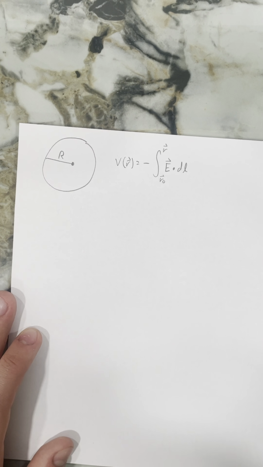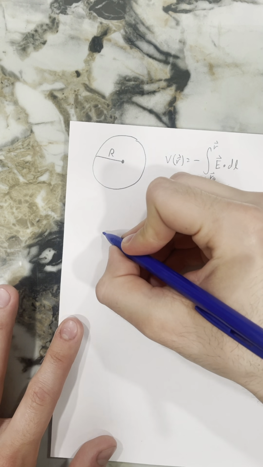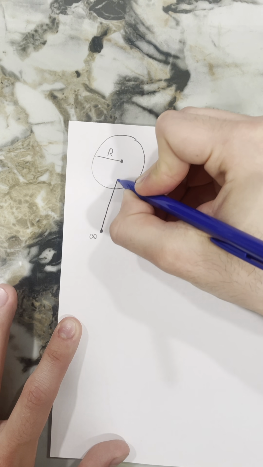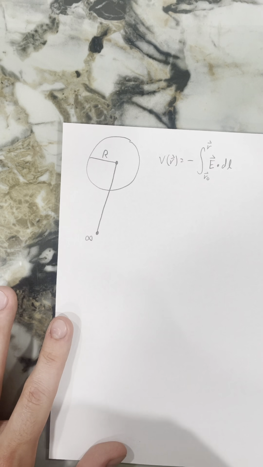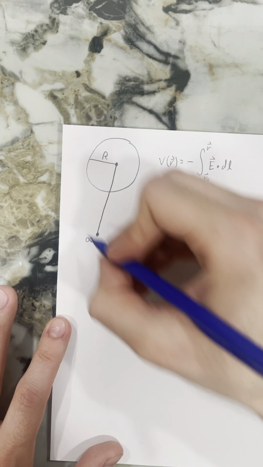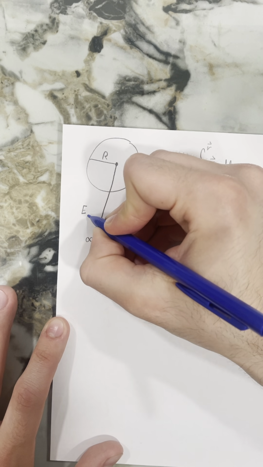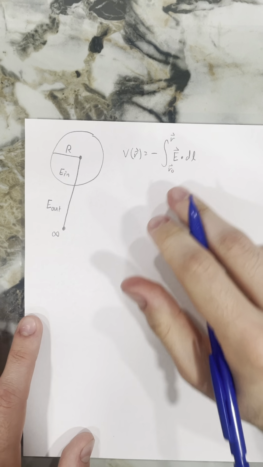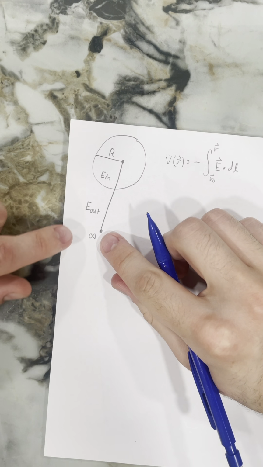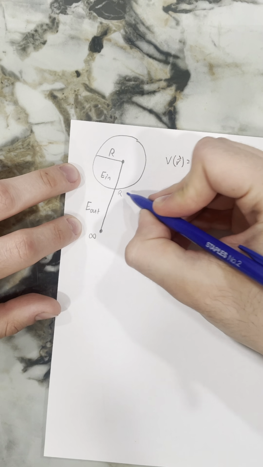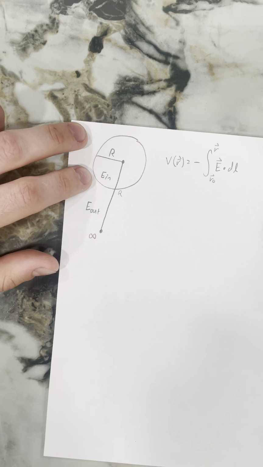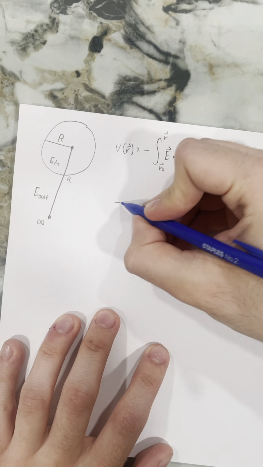And recall that in the beginning of the problem, Griffiths said that our reference point is going to be infinity, and we're taking that all the way to the center of the sphere, which is why we solved for both the electric fields so that we can use this equation properly. So we can take the electric potential from infinity to the radius of the sphere, and then we can take the electric potential from the radius all the way to the center of the sphere. So let me set both of those integrals up.